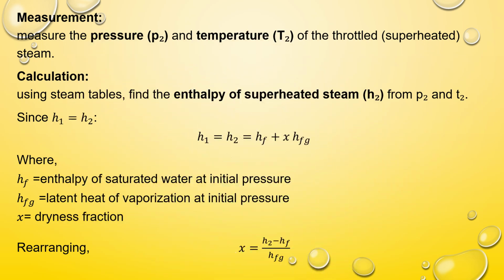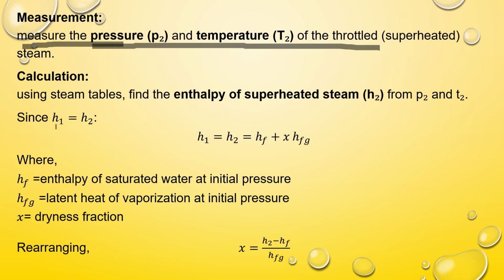So how to calculate the X value? In the next stage we are solving one or two numericals, so you can understand easily. So what we have to do is measure the pressure after throttling, with suffix 2, and before throttling, with suffix 1. So we have to measure P2, T2 and P1, T1.